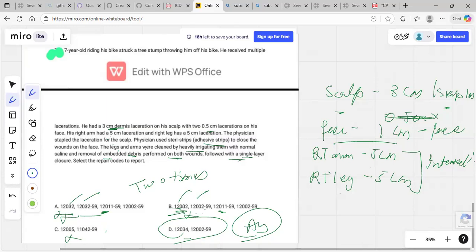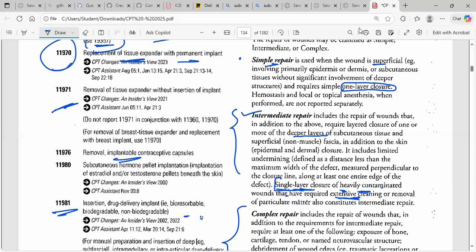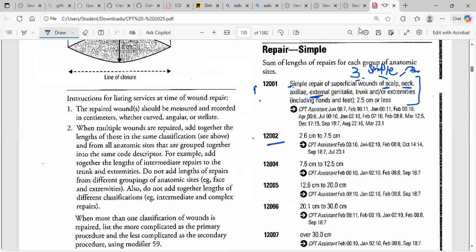Yes, ma'am. Yes. Because look, 12002 is for 2.6 to 7.5. But we have discussed that we have to add the size, right? We have to add the size. Like you can see here, 12001 is for 2.5 centimeters or less, 12002 is 2.6 to 7.5, 12004 is 7.6 to 12.5.